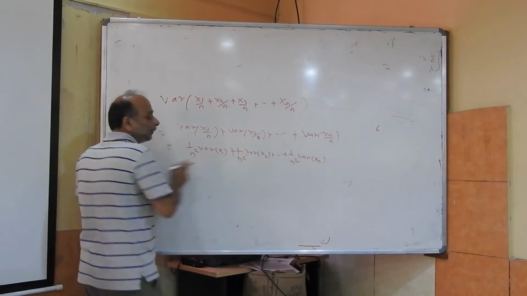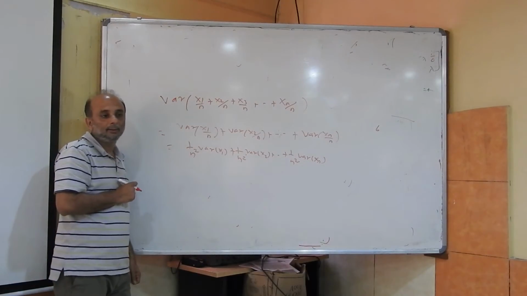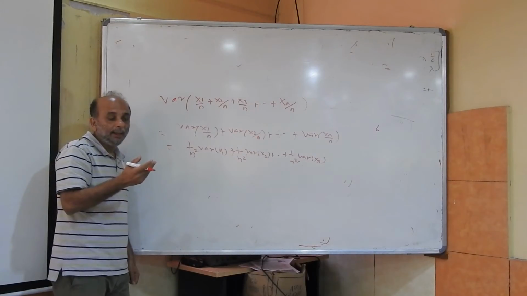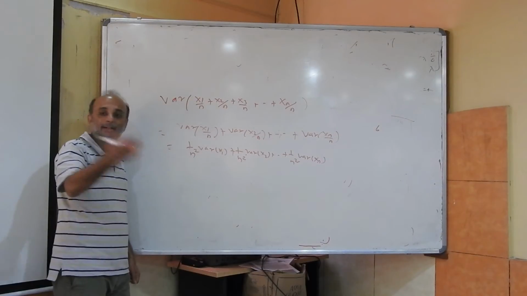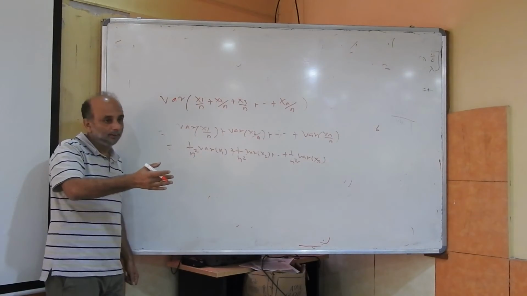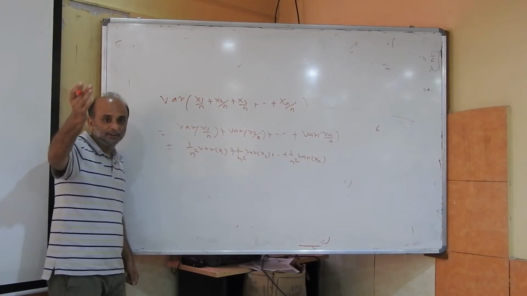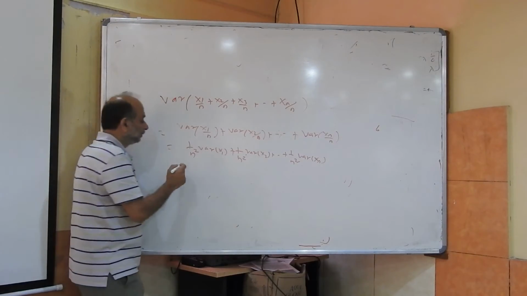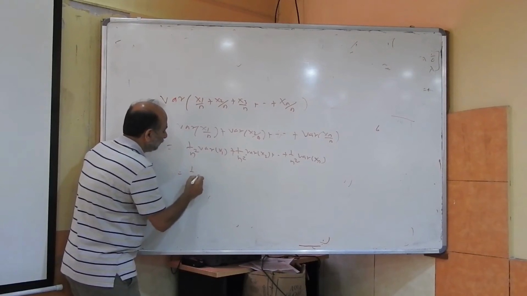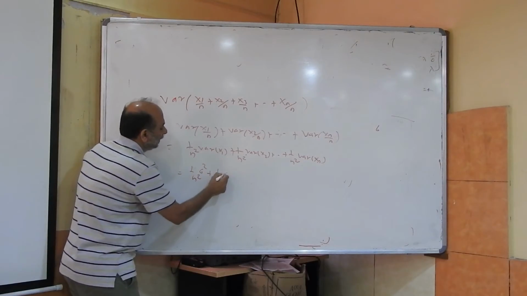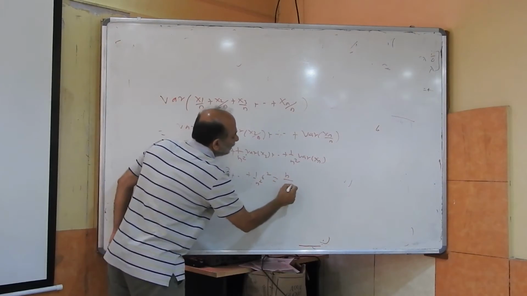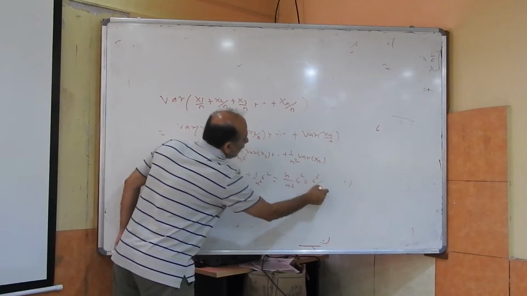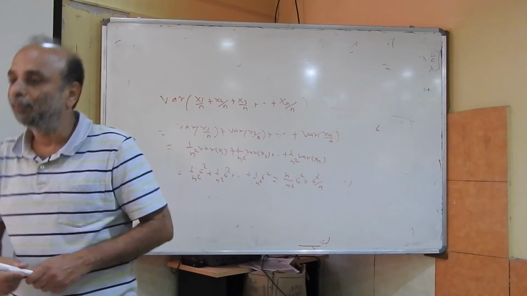Now what is the variance of x1? If the expectation of x1 was mu, any particular observation can be x1. So the variance of x1 is the same as the population variance. So this becomes 1 upon n square sigma square, n times, which is sigma square upon n.